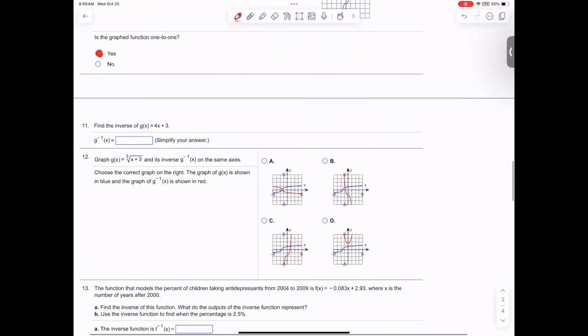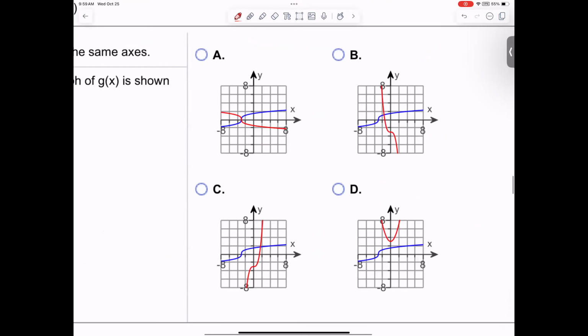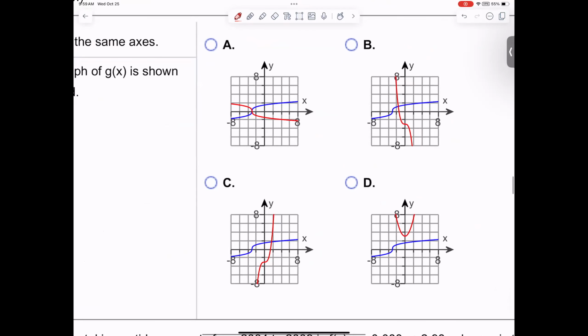Okay. 2 functions. Let's blow them up so we can see them. Of these 4, which one is the graph of a function and its inverse? And it absolutely, positively can only be one of them. The other 3 are decidedly not a function and its inverse.